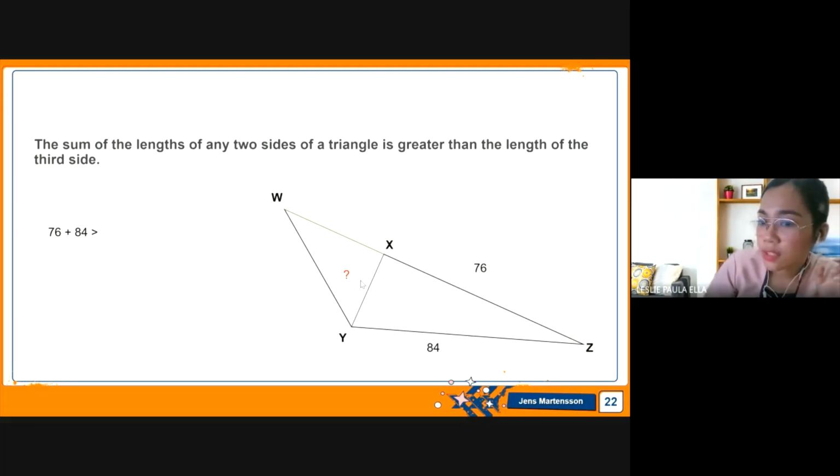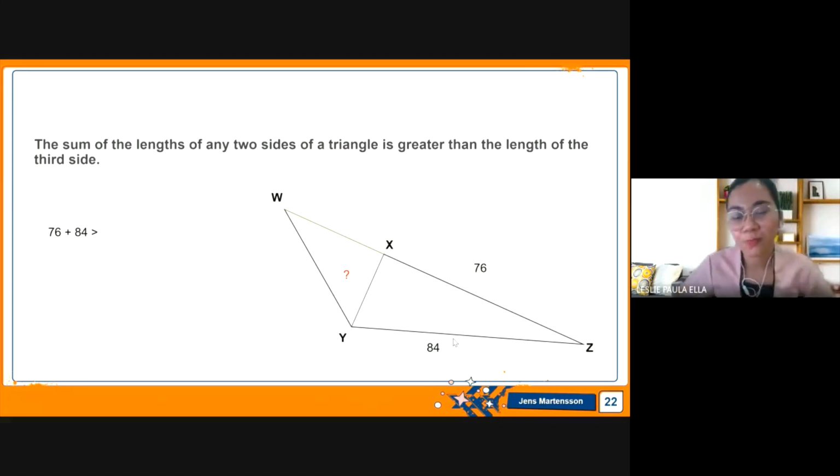And what number should be added to 76 that gives us a value greater than 84? Anyone? Yana, what do you think might be the value?